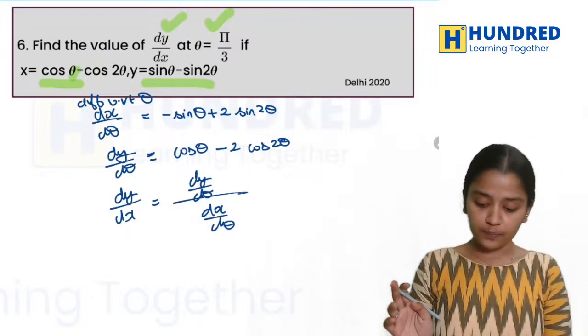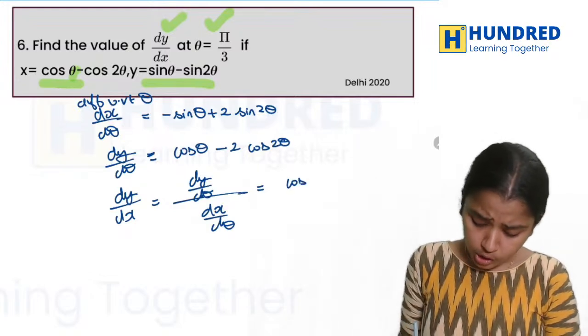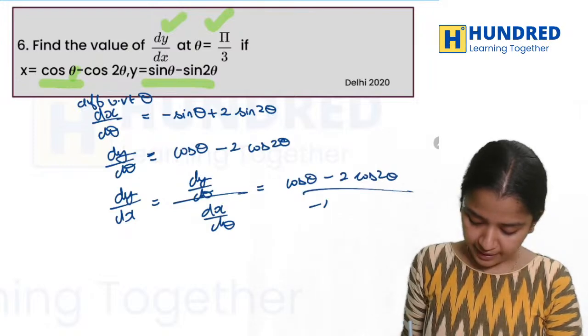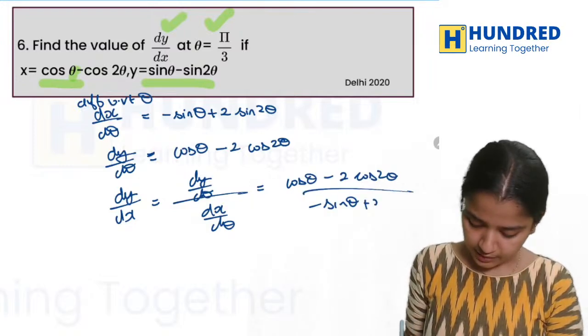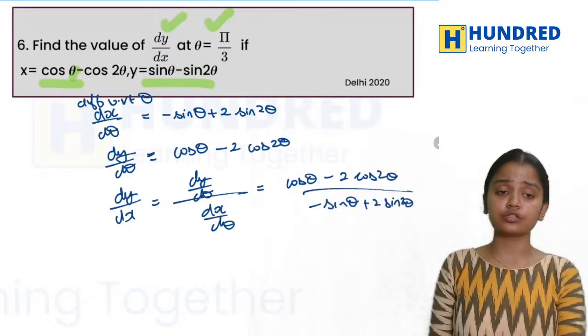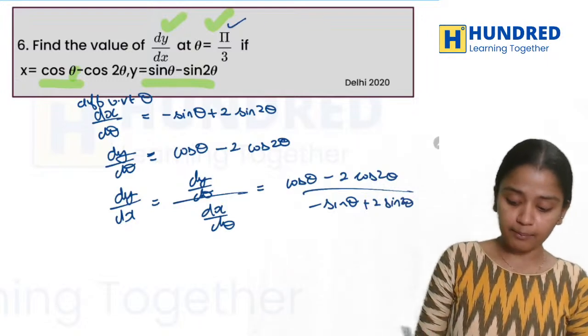Now what am I going to do? This will become cos theta minus 2 cos 2 theta divided by minus sin theta plus 2 sin 2 theta. So this is my dy by dx. But we cannot stop here. Where did they ask for dy by dx?